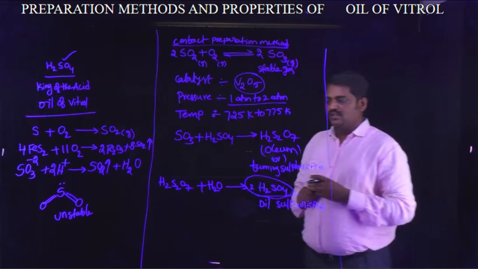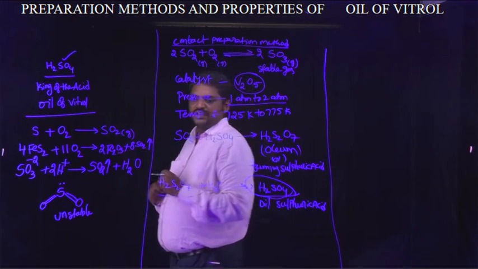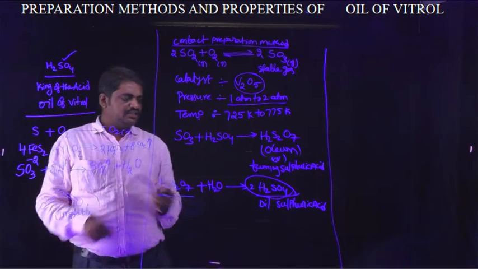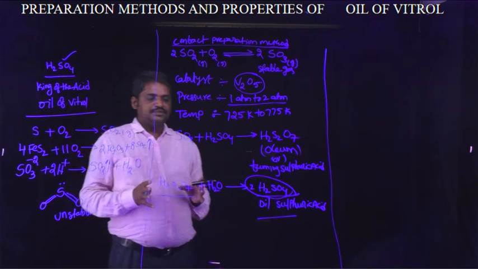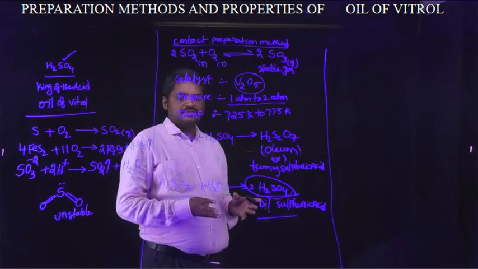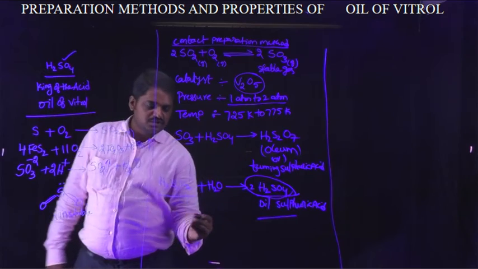The fuming sulfuric acid exists in a gaseous state in nature, and the dilute sulfuric acid exists in a liquid state in nature. These are the preparation methods and some properties of sulfuric acid. And next, the structure of sulfuric acid is observed.